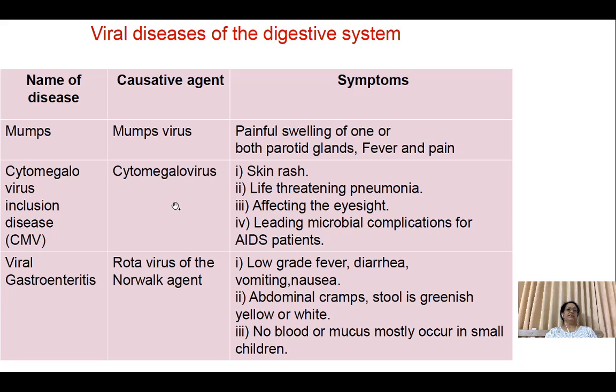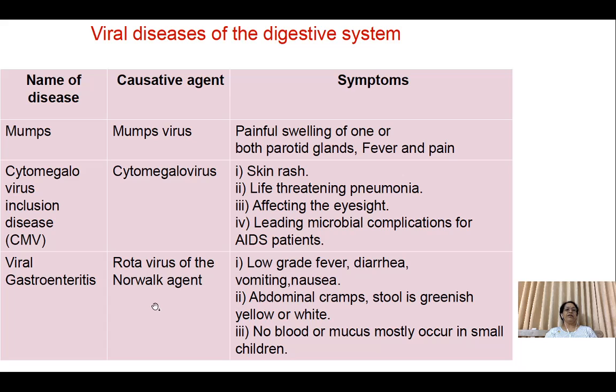Next disease is cytomegalovirus inclusion disease or CMV disease of the gastrointestinal tract. Cytomegaloviruses are the causative agent of it. There is a skin rash, life-threatening pneumonia, unlike other gastrointestinal infections, which affects eyesight also. It is a leading infection in case of an AIDS patient.